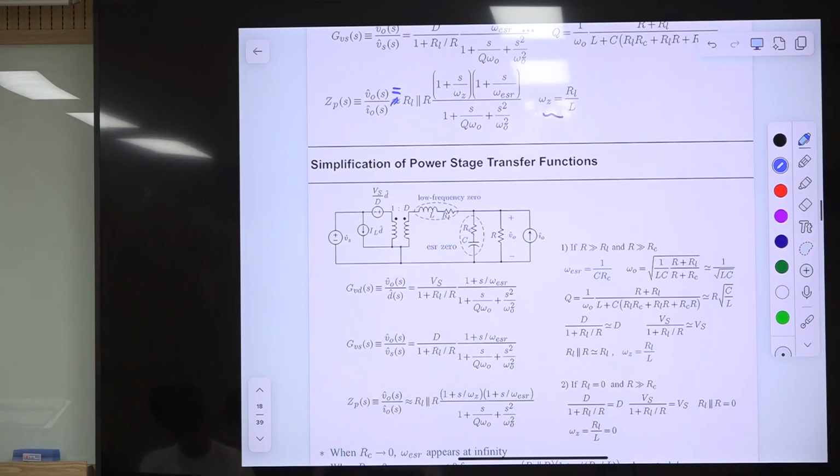But simplification. I'm using the term exact model, which has two parasitic resistances on the two reactive components. This is the exact. Sometimes I drop this, but still keep this. This is simplified.